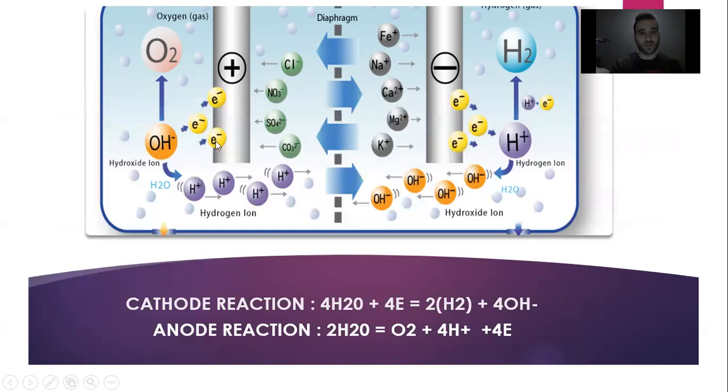But in this process, the water is being oxidized. So when the water molecule is being oxidized, electrons are being taken from the water molecule. Oxygen has an oxidation number of 2, so 2 electrons are taken from the oxygen atom, and what happens from that is we produce an oxygen atom and 2 H+ protons.